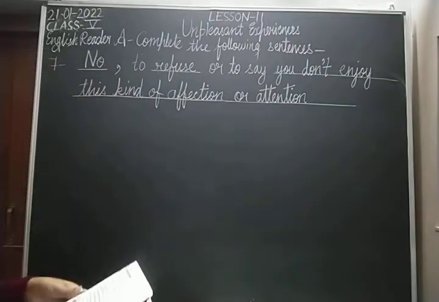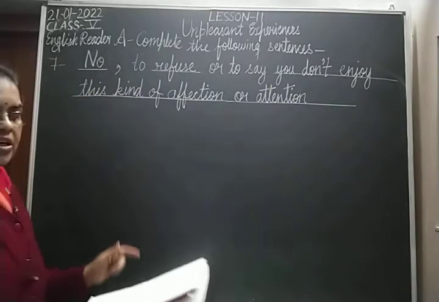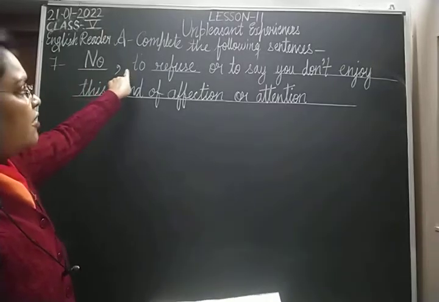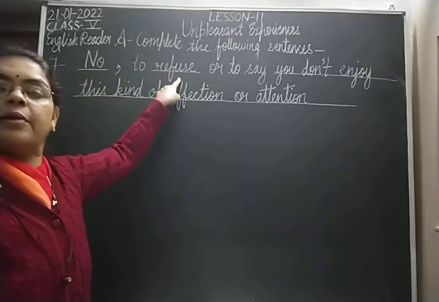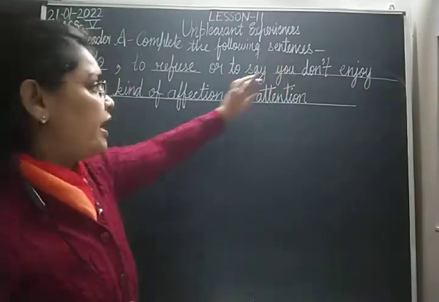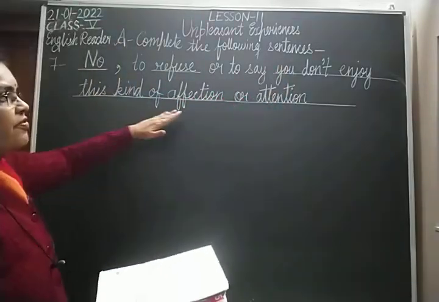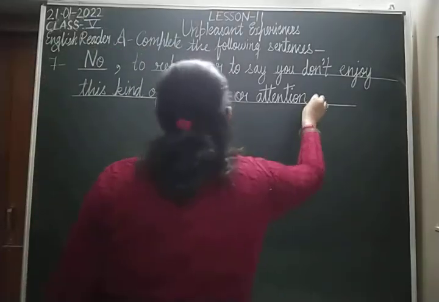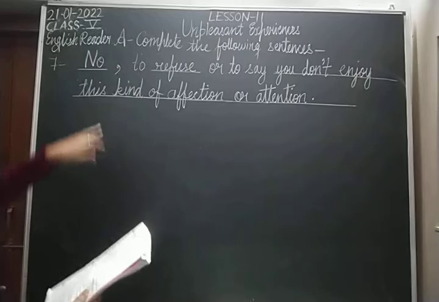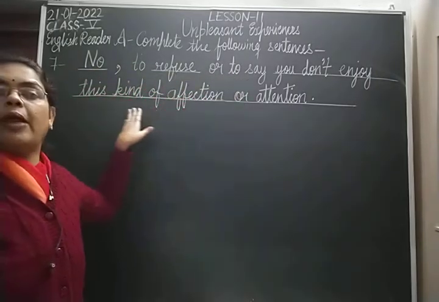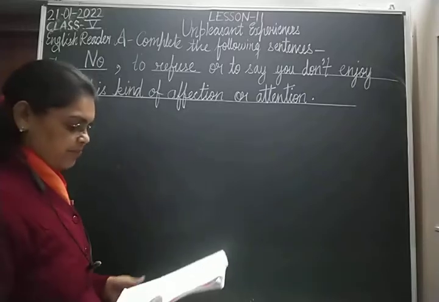So, 7th one is, if you feel uncomfortable, you have the right to say no. After comma 2, then in the second blank you'll write refuse, or to say you don't enjoy this kind of affection or attention. Full stop. Clear? So this is your 7th, with 3 blanks. In the first you'll write no, in the second refuse, and in the long blank these words.